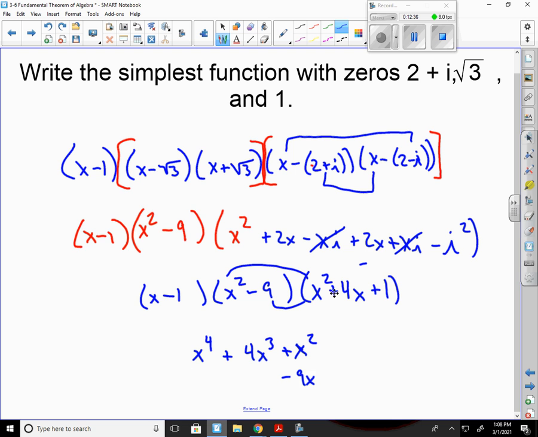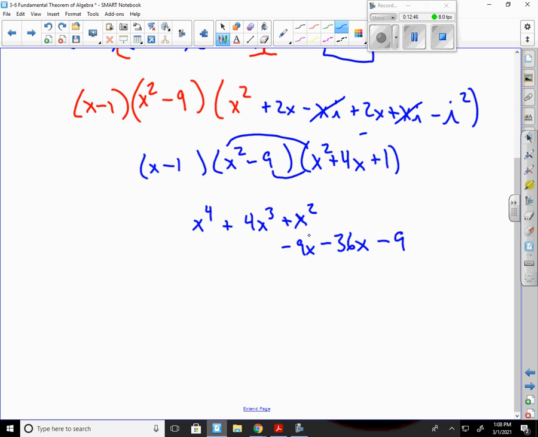Negative 3 times 4x will then give me negative 12x. And negative 3 times 1 gives me negative 3. Combine my like terms now. X to the fourth plus 4x cubed minus 2x squared minus 12x minus 3.